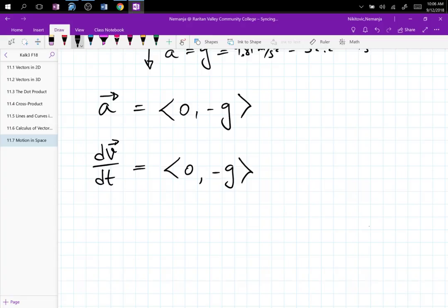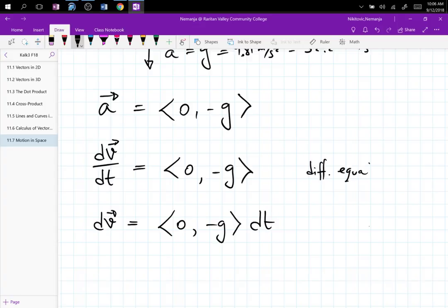This is the 9.8 that you want. So now we do separation of variables, which is you put dt to the other side. So this is a differential equation. Use separation of variables.